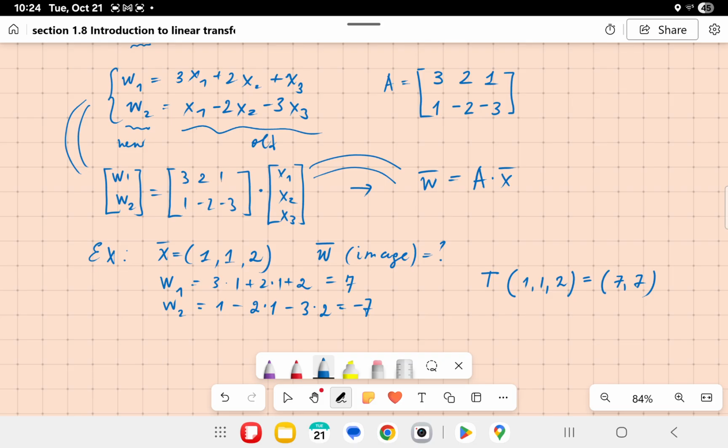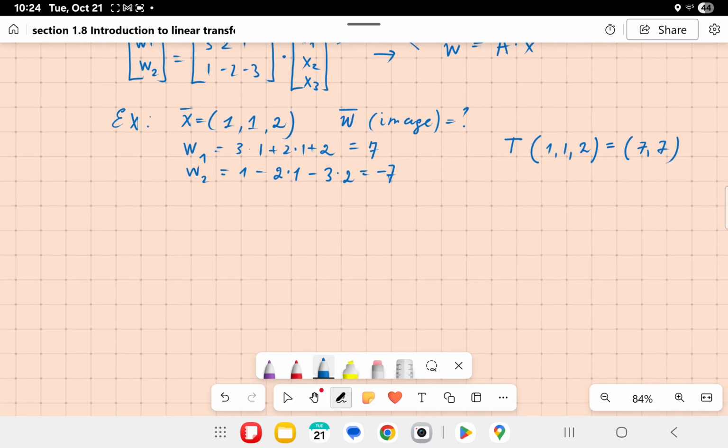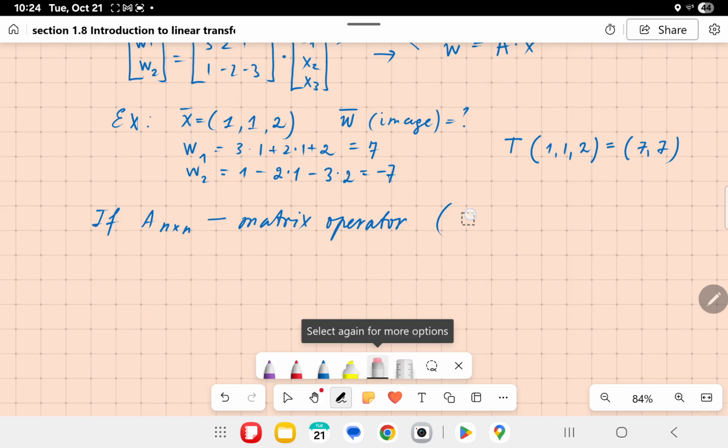And I forgot to mention something: if matrix A is a square matrix, we are going to call it a matrix operator, which means that you are doing a transformation from Rn to Rn.